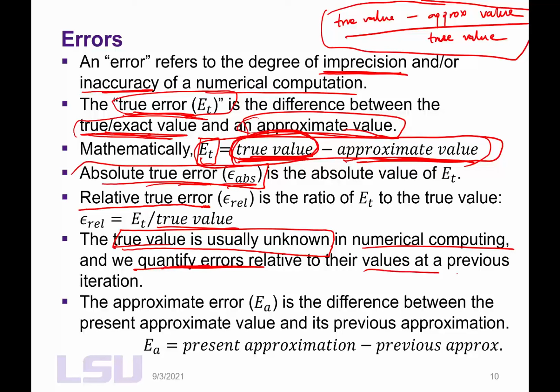So what we use is we compare the estimate at a current iteration with the estimate from the previous iteration. And like I discussed earlier in this video, as that difference becomes smaller and smaller, you are approaching the true value. So that's what we do in numerical computing.